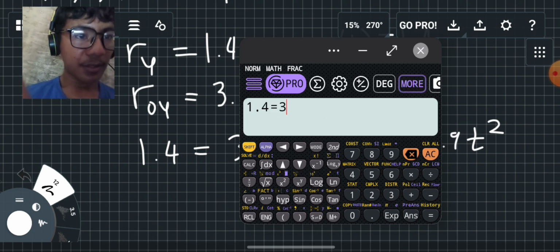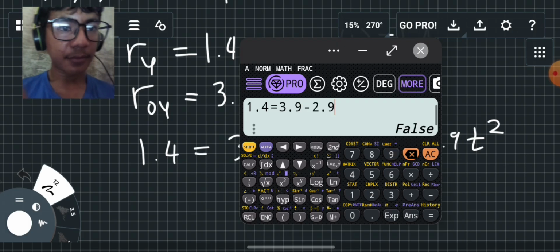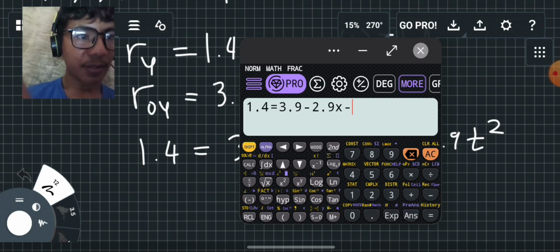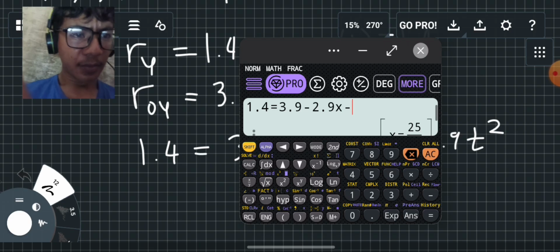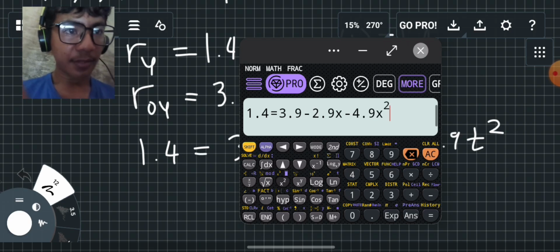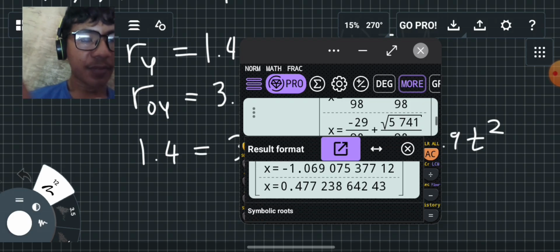That's 3.9 minus 2.9, let x be the variable, minus 4.9 x squared.